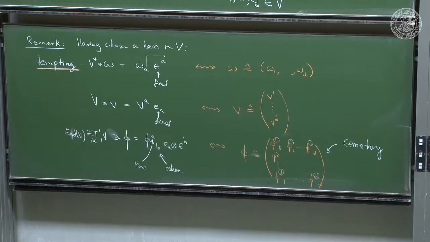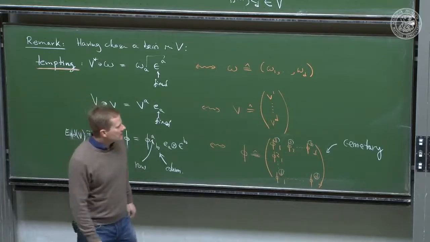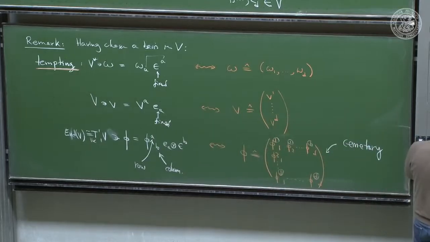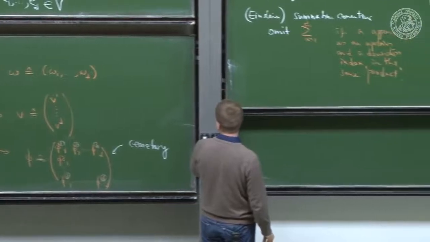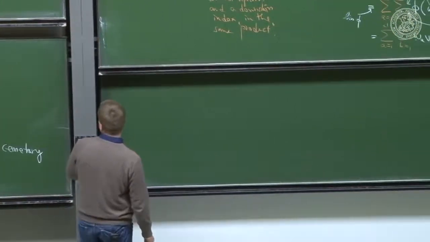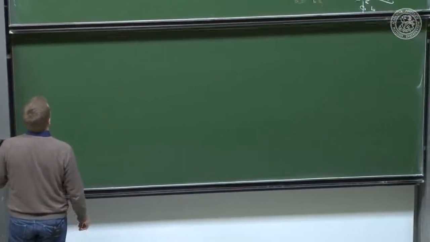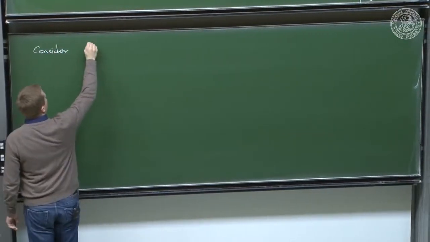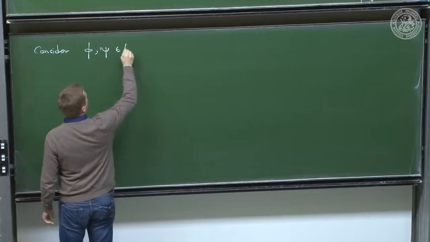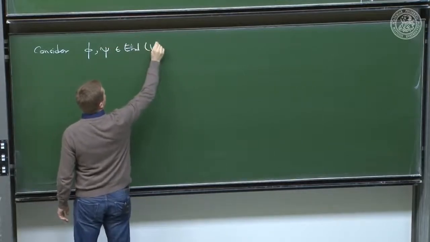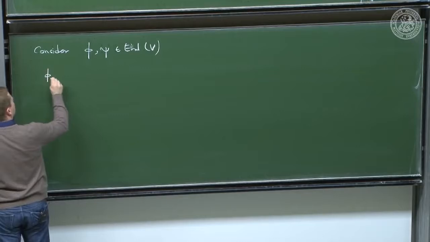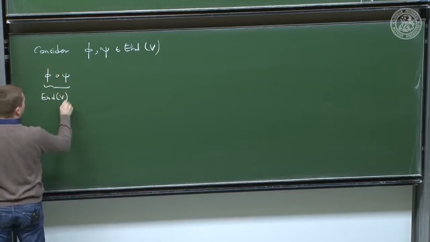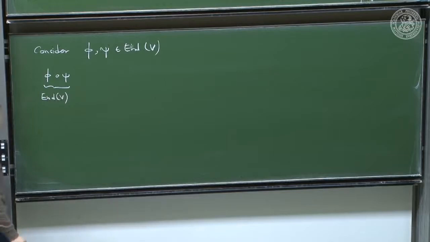What does that imply? Well, if you choose this convention, then you can do the following. If we consider two endomorphisms, phi and psi, they're both endomorphisms on the same vector space, and then we can look at phi after psi. Well, phi after psi will again be an endomorphism on V. It's the composition of two linear maps, which is a linear map, okay?